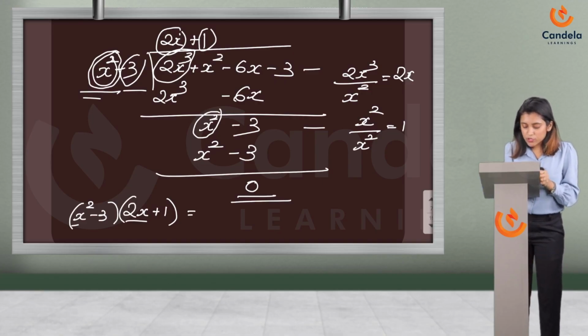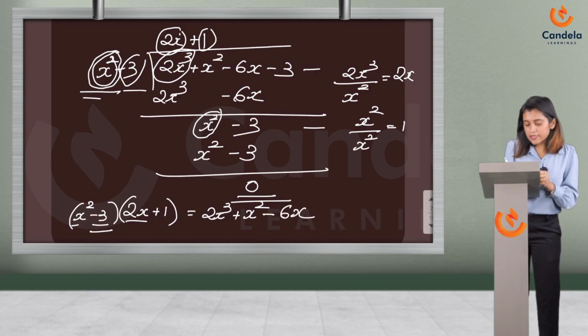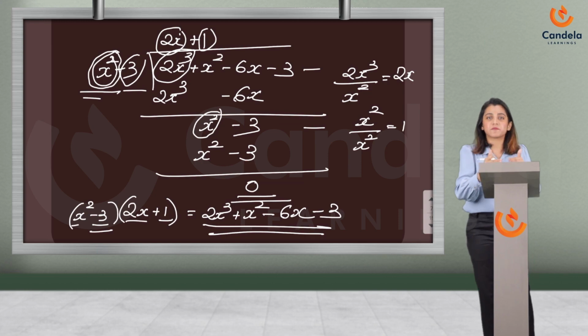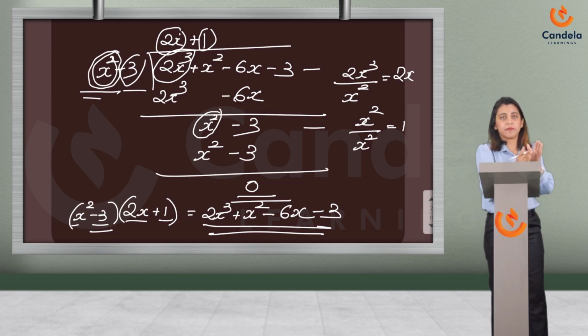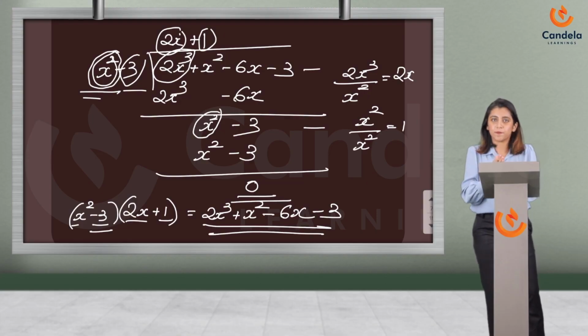X square into 2x, which is 2x cube. Then x square into 1, which is plus x square. Then minus 3 into 2x, which is minus 6x. Minus 3 into 1, which is minus 3. Yeah, we got the dividend again, which means the steps are correct. So every time, dividend equals divisor into quotient plus remainder.